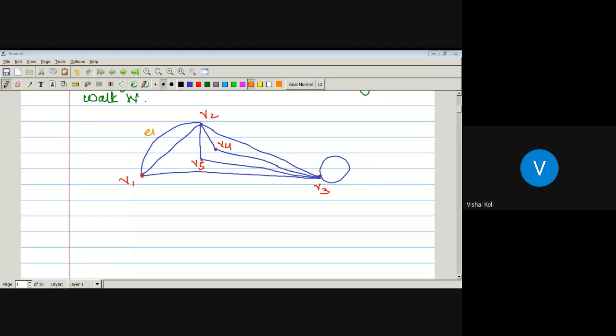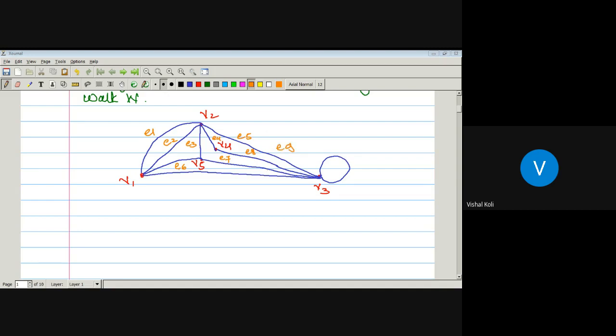edge e1, e2, e3, e4, e5, and here is one more edge, e6, e7, e8, e9.